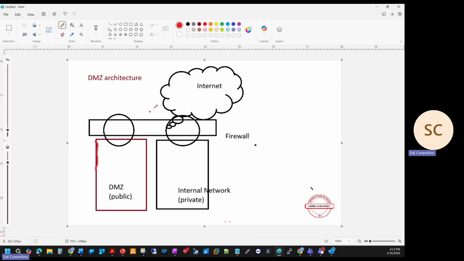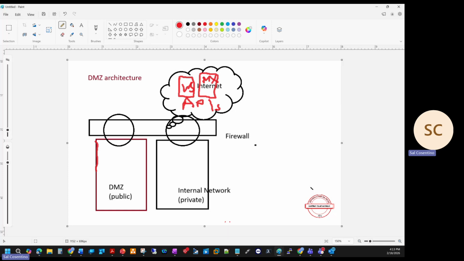So whatever is public facing, we can have like our web servers, our mail servers, any APIs, right? We'll have our web server, our MX server, mail server, right?